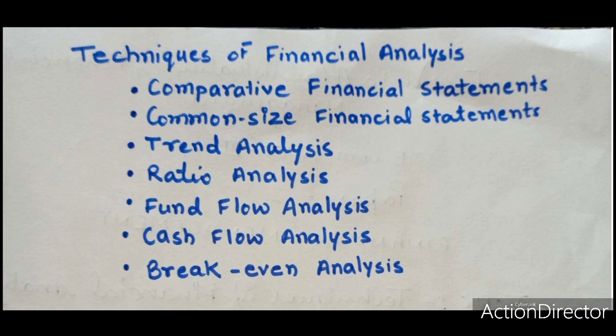The comparative financial statements are designed to disclose the absolute figures in rupees, increase or decrease, that is changes in absolute figures, absolute data in terms of percentage, and increase or decrease in terms of percentage.